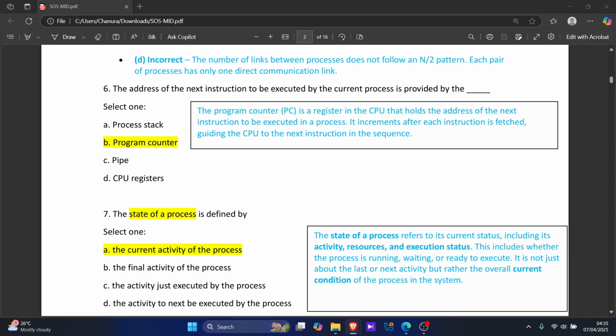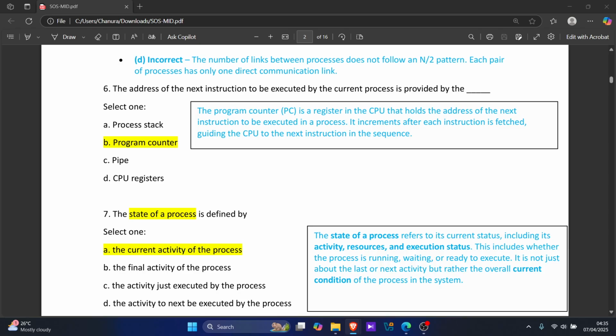But the question lists CPU registers as an option and program counter as option B. Since the program counter is a specific register, the more precise answer would be program counter rather than the general CPU registers. So even though the PC is a CPU register, the specific answer here is the program counter.